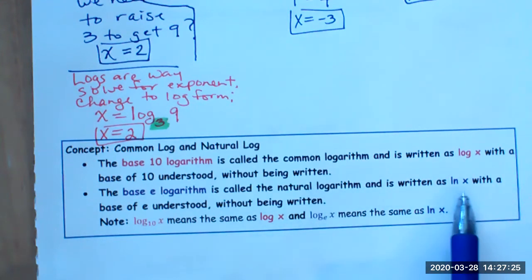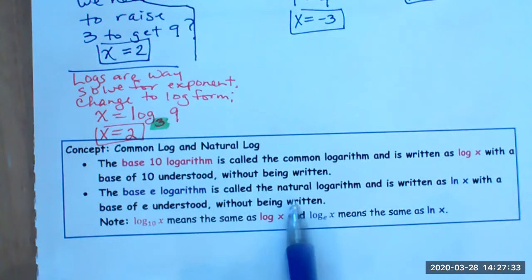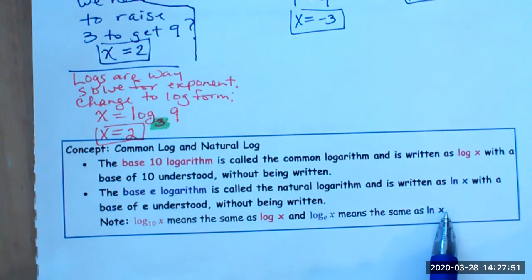And it's written ln, and it stands for log natural, or natural log of x, with a base of e understood without being written, okay? So in other words, log base 10 of x means the same as log x. The 10 is understood. It's not wrong to write it. It's just we don't typically write it that way. Log base e of x means the same as natural log x, ln x.